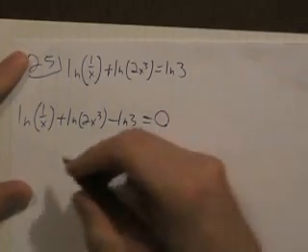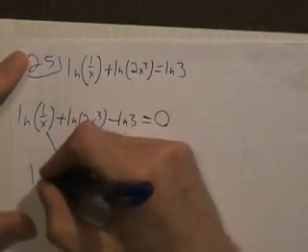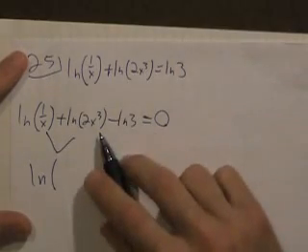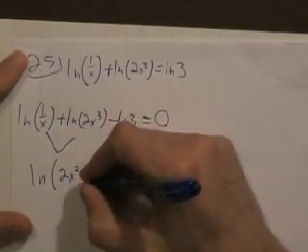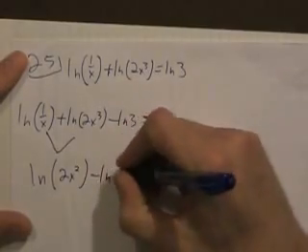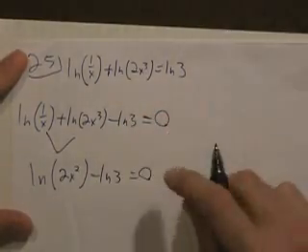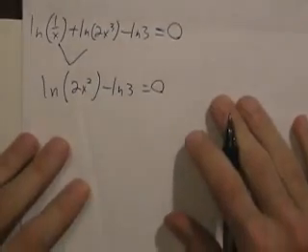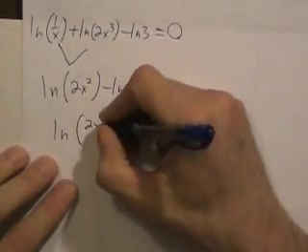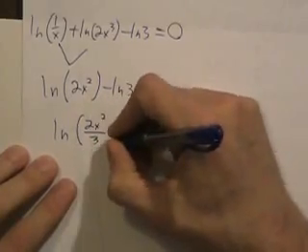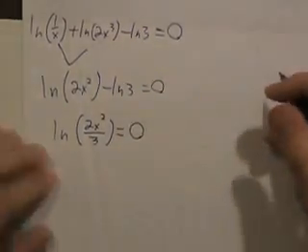And what's that going to be? That's going to be, this will condense the product, ln of 2x cubed times 1 over x will be 2x squared, minus ln 3 equals 0. Then condense this, so that'll be ln of 2x squared over 3 equals 0.